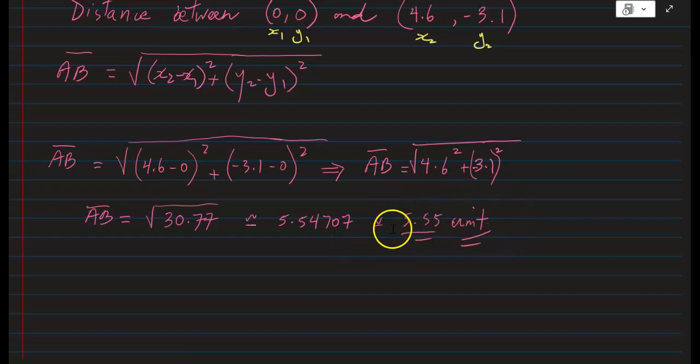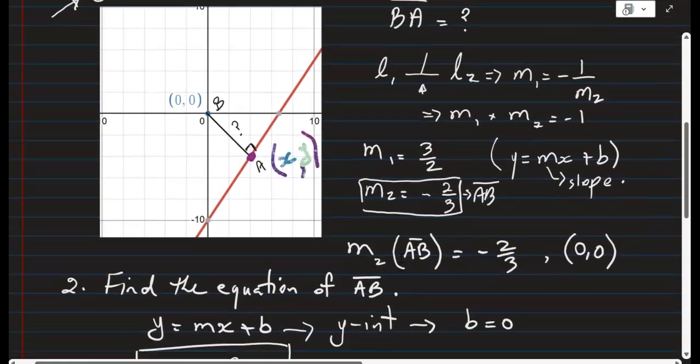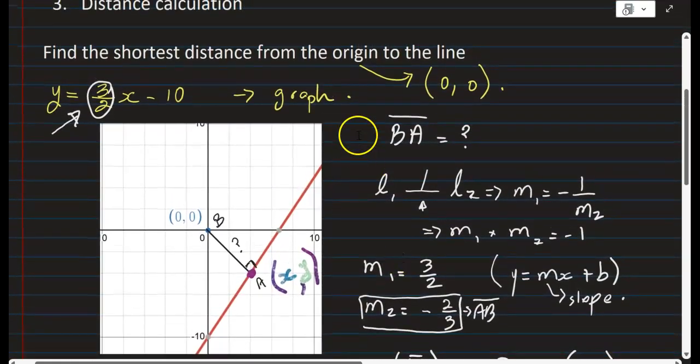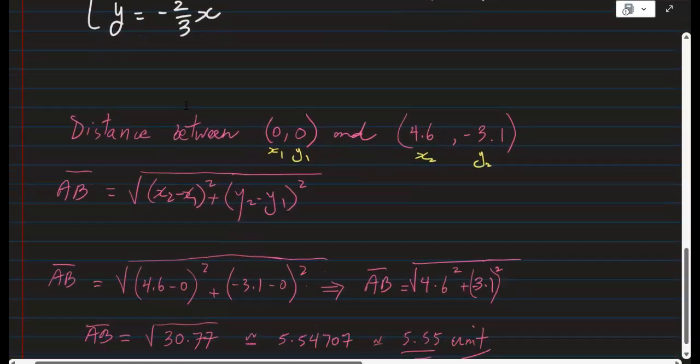At the end, if you want to round the answer to 2 decimal places, it would be 5.55 units, whatever the unit is. So here is the final answer. We answered the question: what is the shortest distance between the origin and the line y equals 3/2 x minus 10? The shortest distance is 5.5 units.